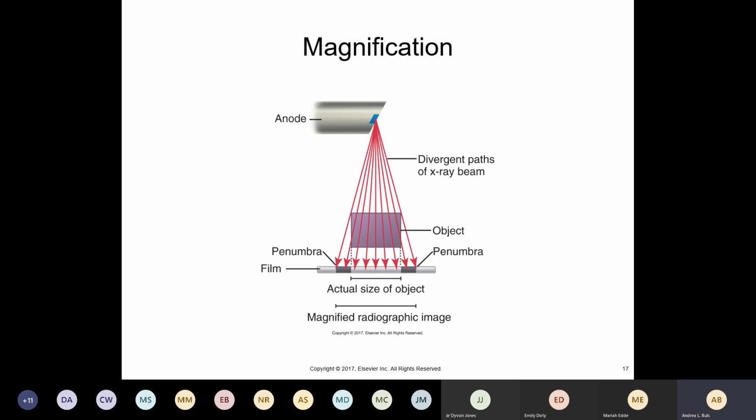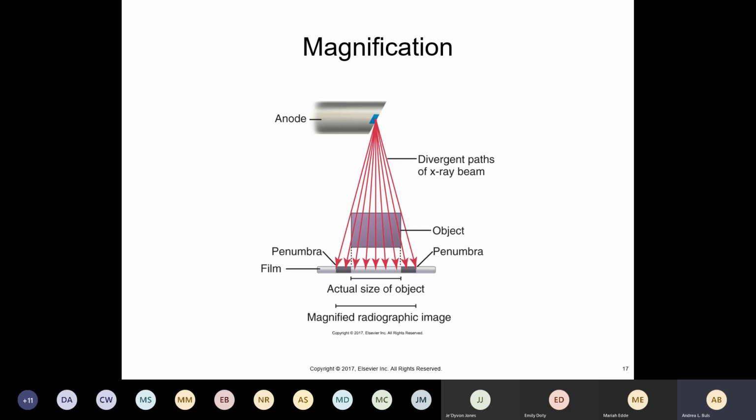And in this image, which is seen on page 78 at the top, you see the anode, you can see the divergent paths of those X-ray beams. The object would be our tooth. And you can see how if I moved that piece of film farther away from that object, it would allow those X-ray beams to diverge even more before they actually hit the film.